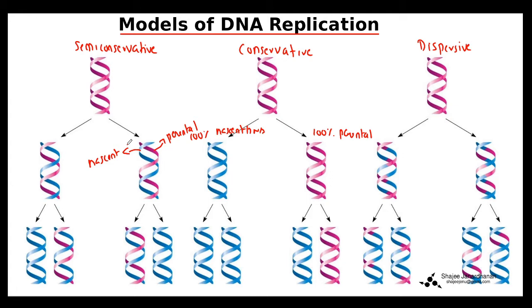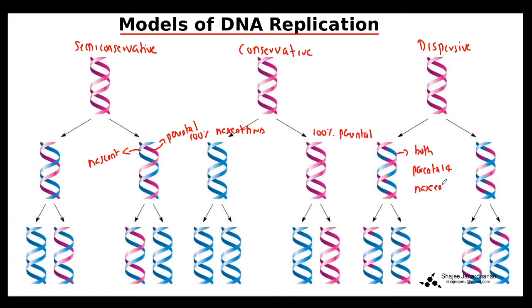When you come to the dispersive model of replication, what does it say? It says that during replication there can be random double-stranded breaks in the DNA, and these double-stranded fragments will spin and rejoin in such a way that each strand will contain both the parental as well as the nascent DNA.